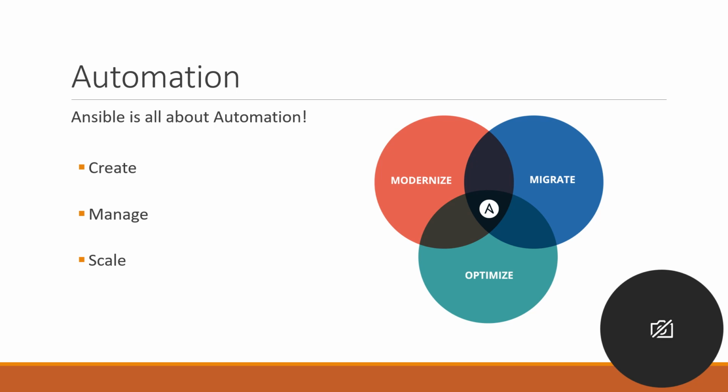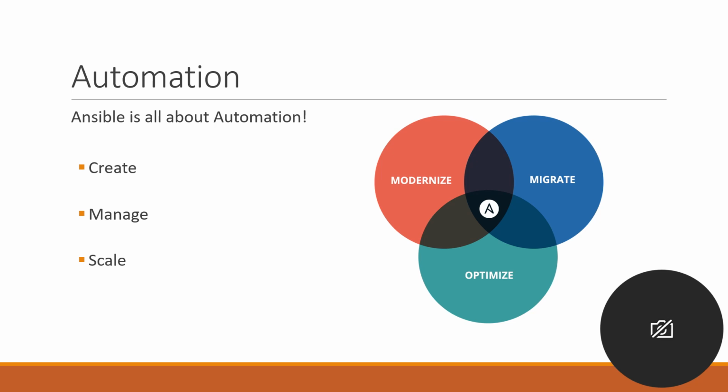And over at this Venn diagram, we can see it has modernize, migration, and optimization, and Ansible in the middle. So what they mean by modernize, Ansible sets out to bridge the gap between traditional IT environments and newer agile implementations. So if a company has an older IT solution that they've been working with, Ansible aims to bridge the gap and aid that IT environment with newer agile implementations.